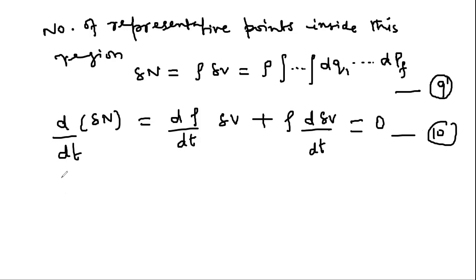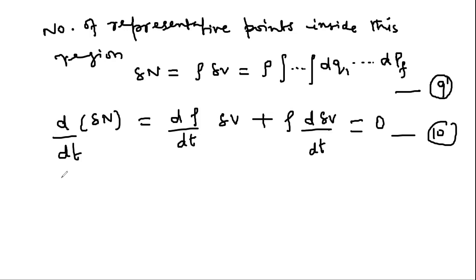Why? I am saying the number of points in the region delta V cannot change with time. Why can it not change with time? I will give you two reasons. You need to think about those reasons. One is no representative points can be created or destroyed within this region.